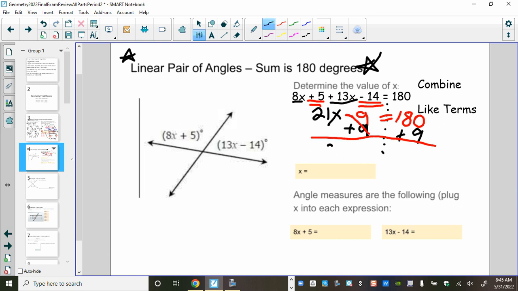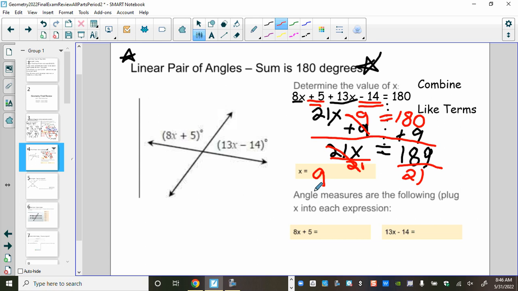So you're left with 21x equals, what's 180 plus 9? Okay, now what's our last step? What do we have to do now to both sides of the equal sign? Very good, Cindy. Divide by 21. So what's 189 divided by 21? 9. Yes, thank you, Dennis.